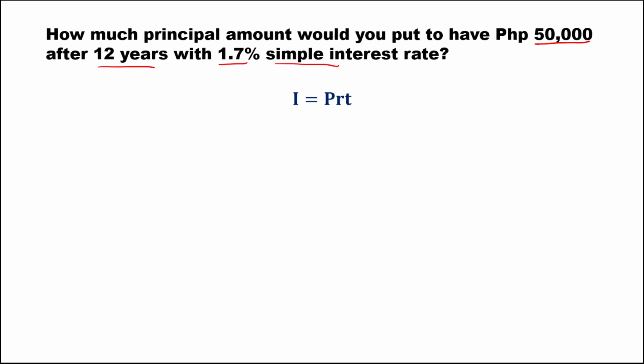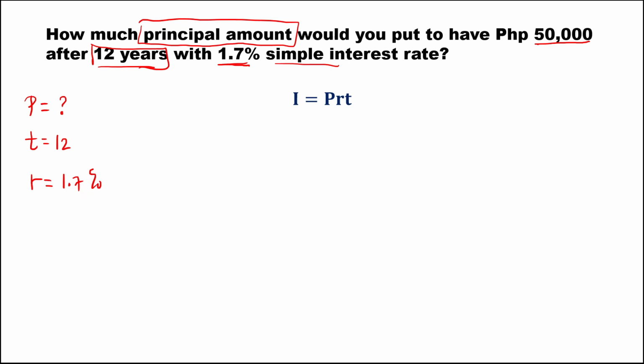First, we need to list all the givens. Since we're looking for the principal amount, P is the unknown. The 12 years is the time, so this is equal to 12. And the 1.7% is the rate.